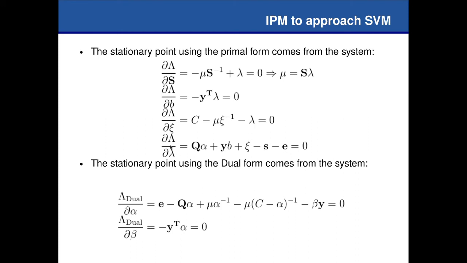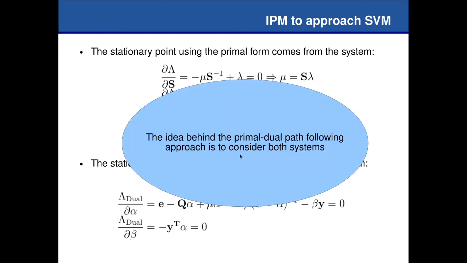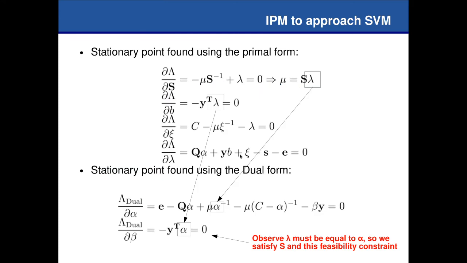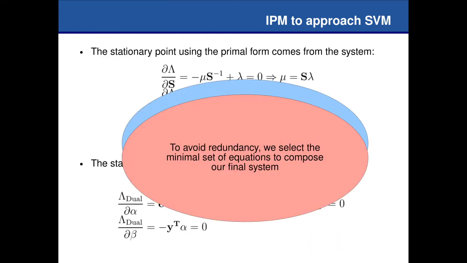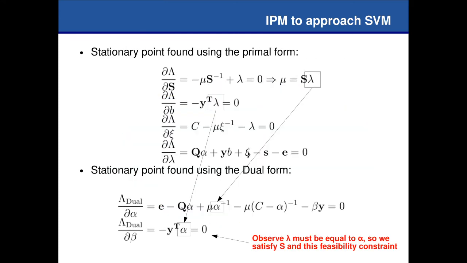So I need to consider everything. You guys are going to see that there are many similarities over here. Many similarities. I can just connect those equalities. Let's consider how they could be connected to avoid, take a look here, redundancy.